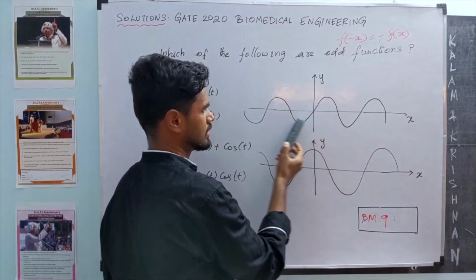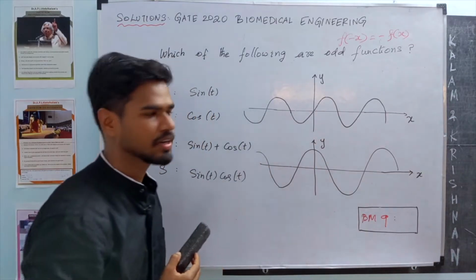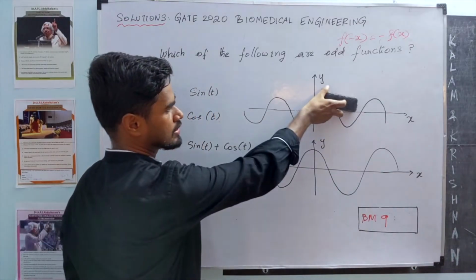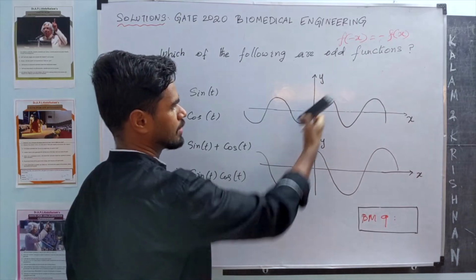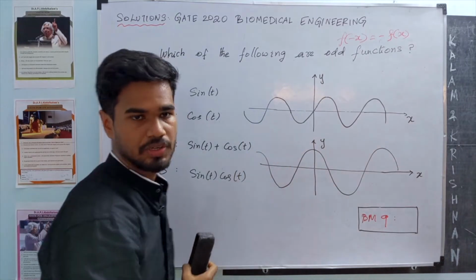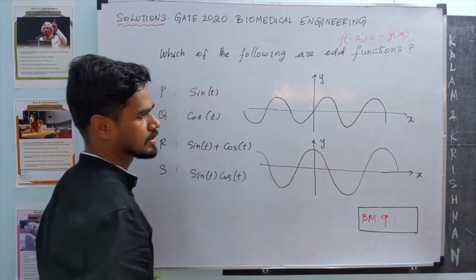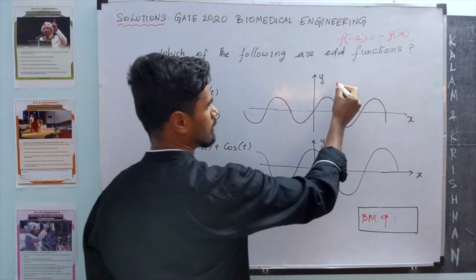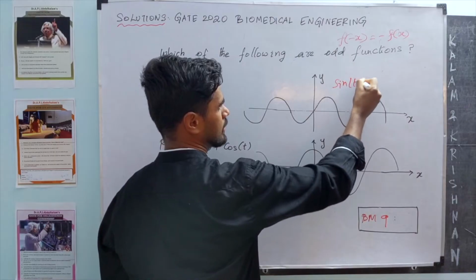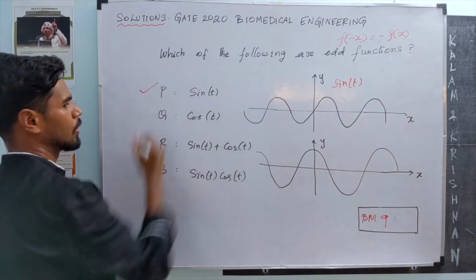We get back the function, right? Whatever is on this side rotated by 180 degrees, we get back the original function, okay? This is what this term means, and whenever that is the case, it's an odd function. And what I have here is sin t. So sin t is odd.